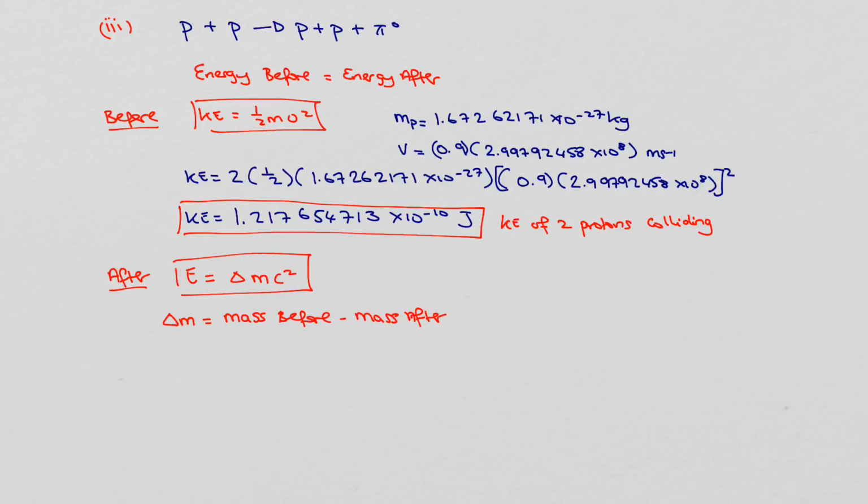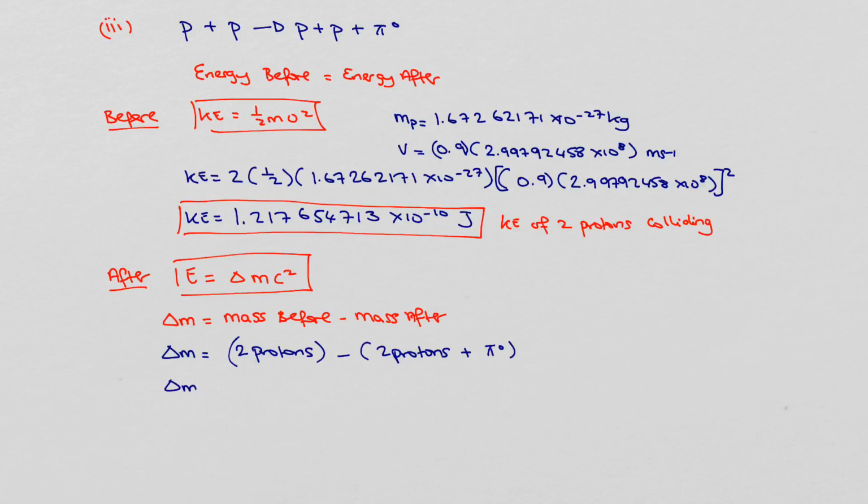Okay, well, what's our mass beforehand? Well, it's basically 2 protons. And what's the mass after? Well, it's 2 protons and it's going to be a neutral pion.